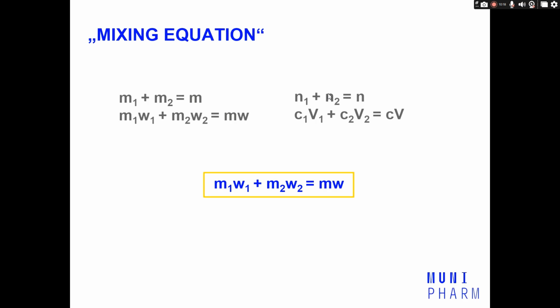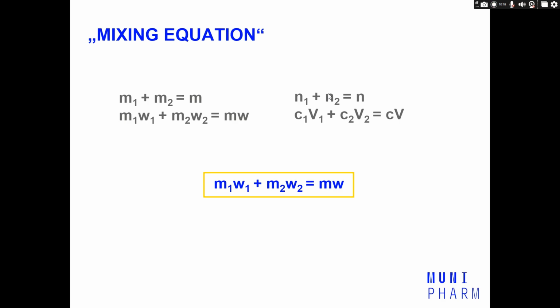This means that I have one solution in which I have dissolved a certain mass of the substance, and I add to it a second solution in which I have dissolved another mass of the substance. Then the final solution must contain a mass of the substance which corresponds to the sum of the masses of those two parts.